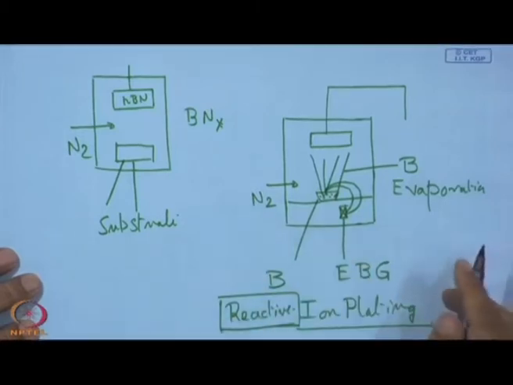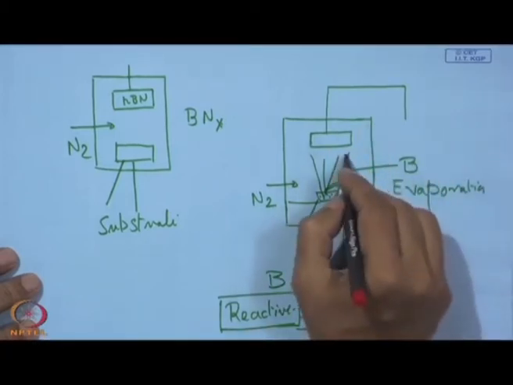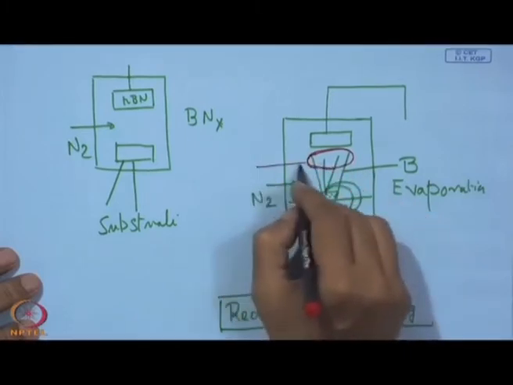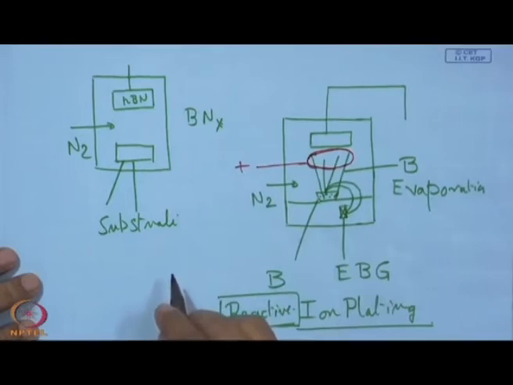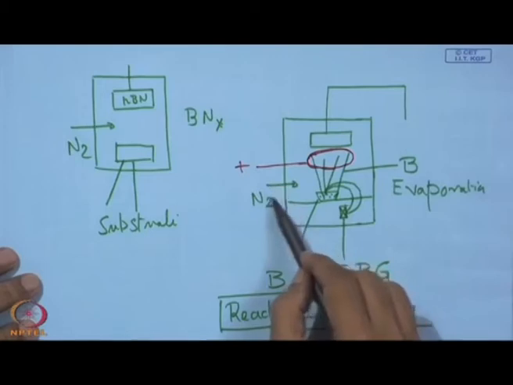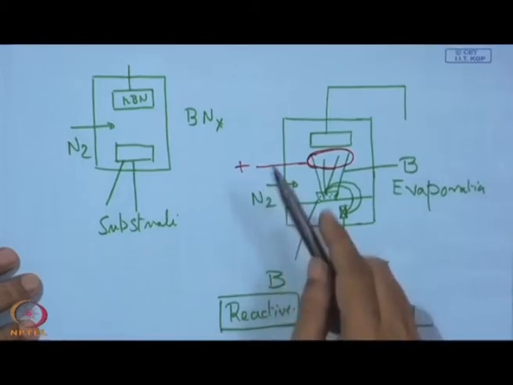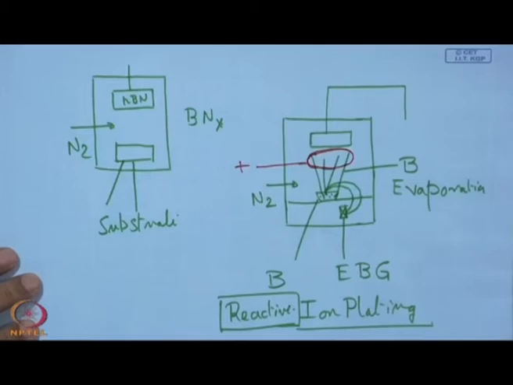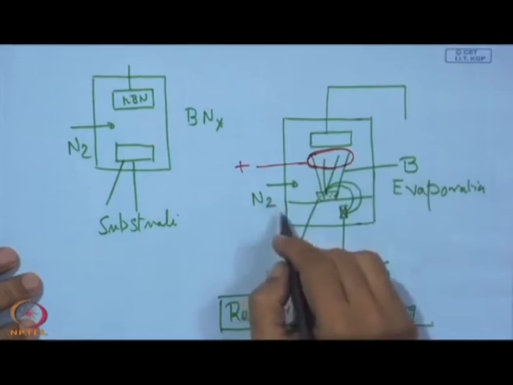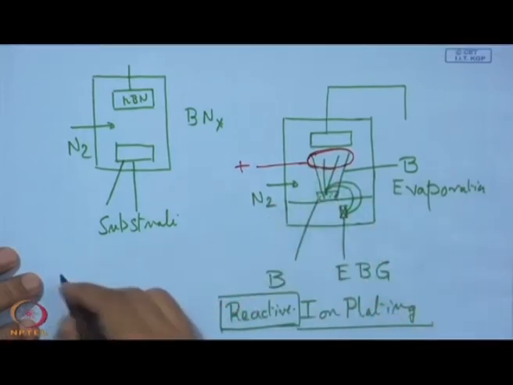Just like a conventional ion plating, we must also bring a ring probe, positively polarized, so that electrons will be drawn to this surface, and this will also ionize the nitrogen.